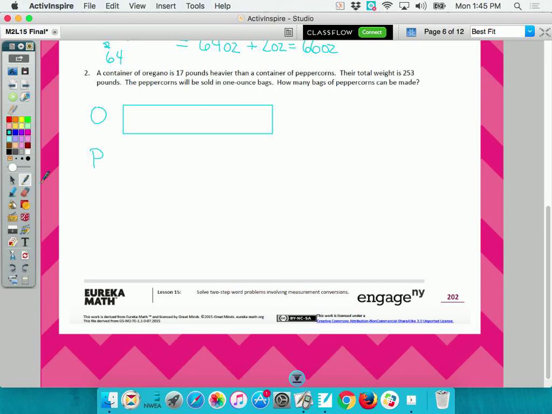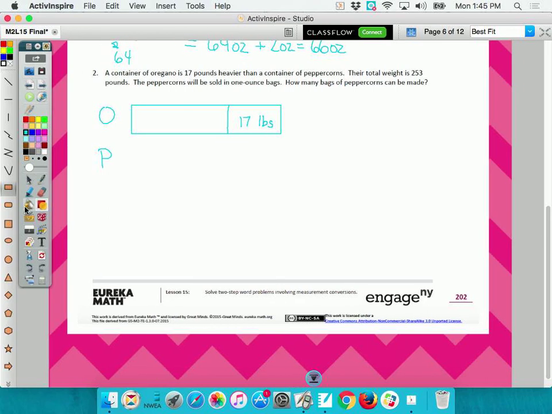And we know that the oregano has 17 pounds more in it. So why don't I just put 17 right here? 17 pounds. Now how big should I make the peppercorn one then? Close. Right where that line is, good.